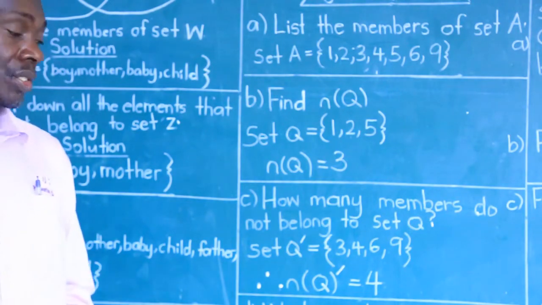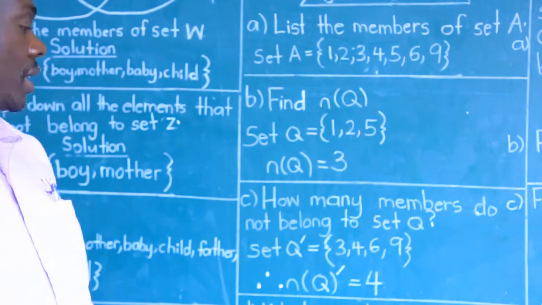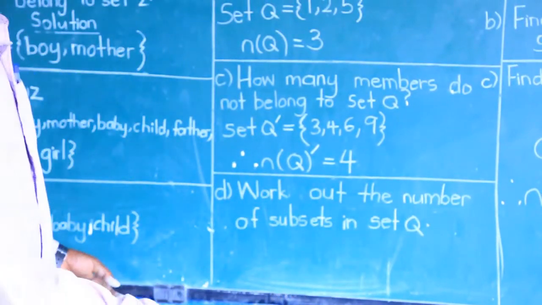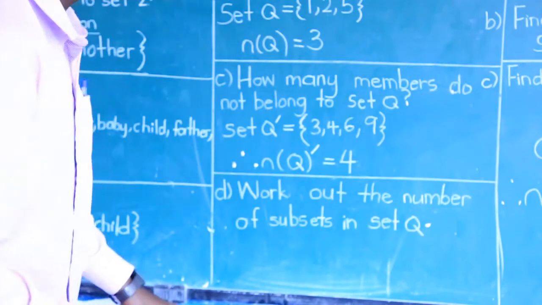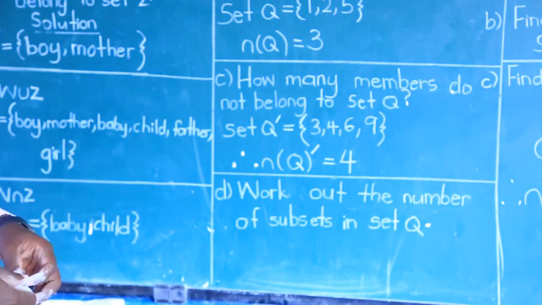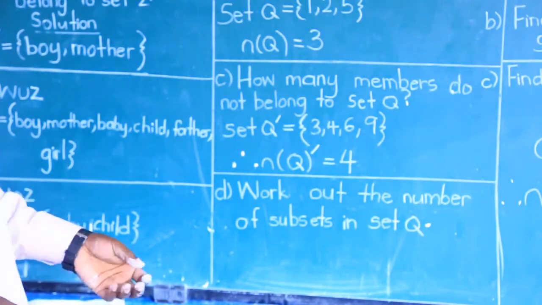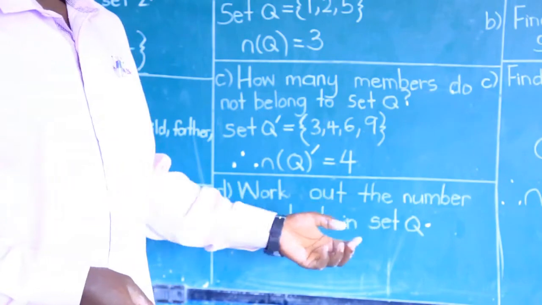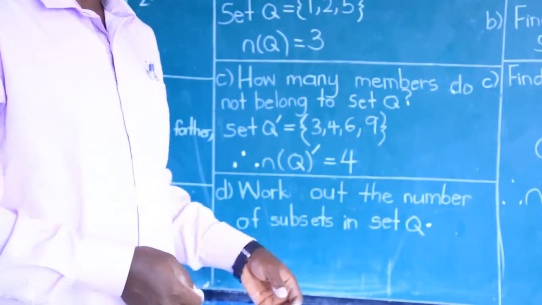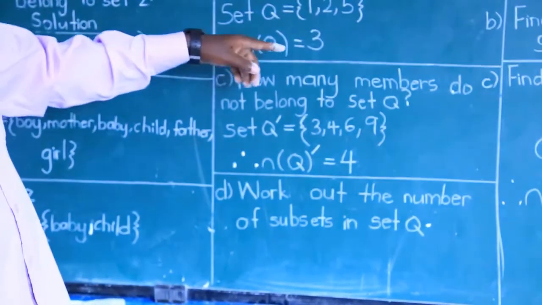You go to part D, which says work out the number of subsets in set Q. This time around, they are in need of the number of subsets, which was introduced in the lesson before this one. In order for you to find the number of subsets in a particular set, first identify the elements in that set.